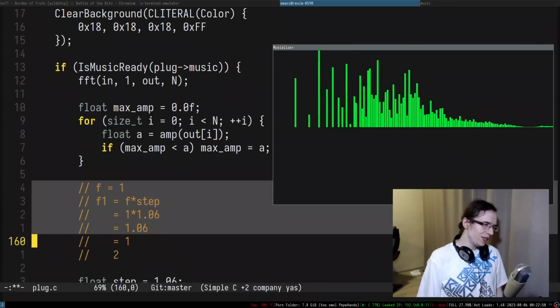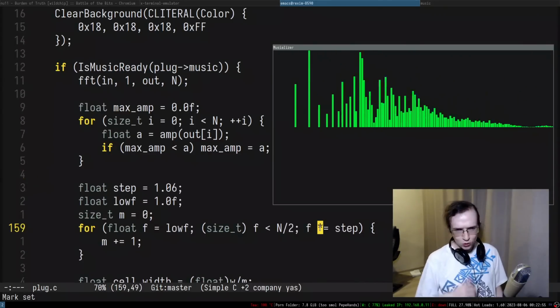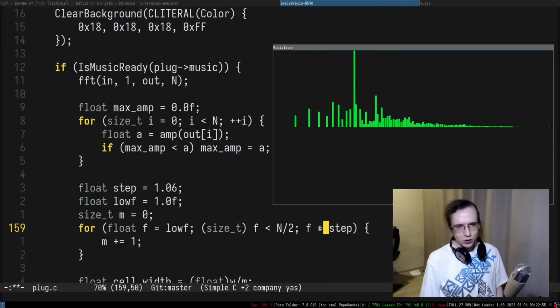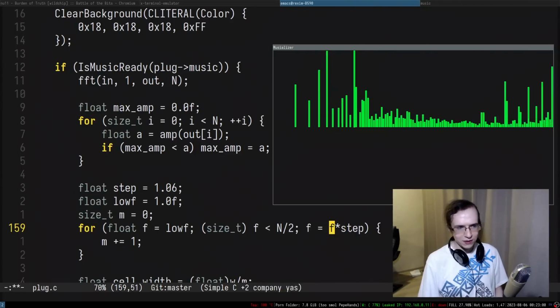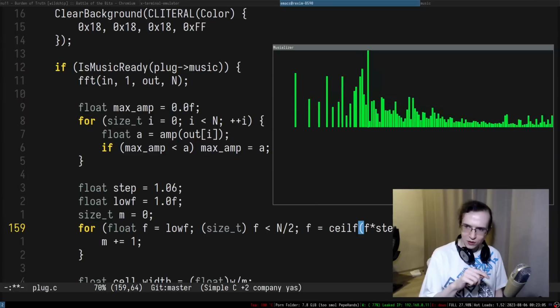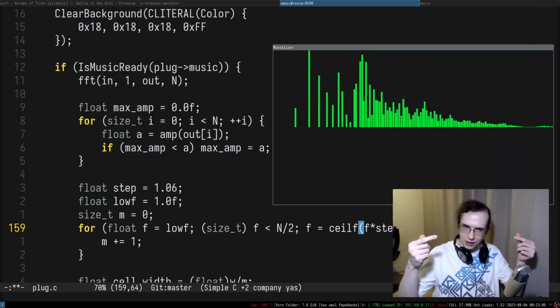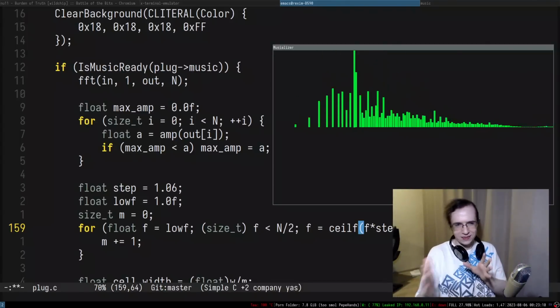So one way we can remedy that is, instead of truncating it, to always take a ceil. When we compute the next frequency, we multiply by the step, and we instantly ceil it. So if it's going to be 1.06, it's going to become 2. And then it's going to become 3, and so on and so forth. So we basically do a ceil.